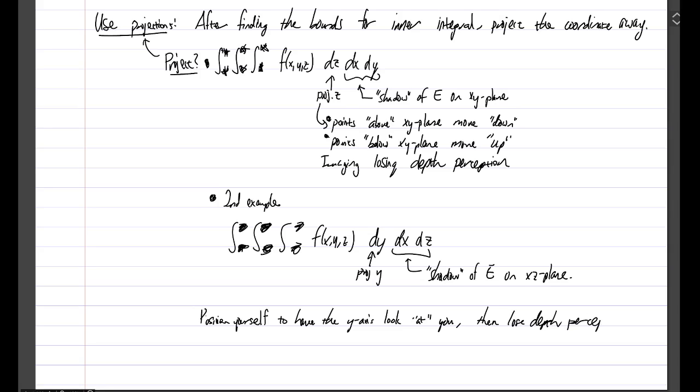If you locate yourself right over here where the y-axis is pointing at you, and then you look back this way, whatever object you have, how does it land onto the xz plane? That's what you're looking for.